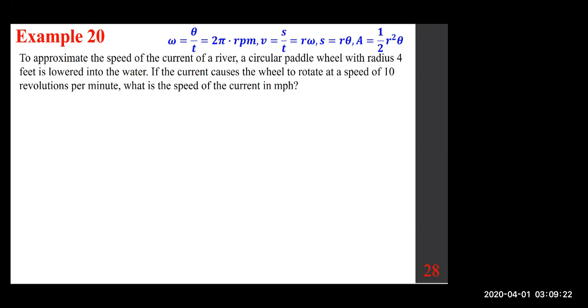So what is given? The radius is given and omega is given. Omega is 10 RPM, so 10 revolutions per minute. You multiply it by 2 pi. So omega is given in RPM, and you change it to radians per minute. Now, what about V? V equals R omega, as always.